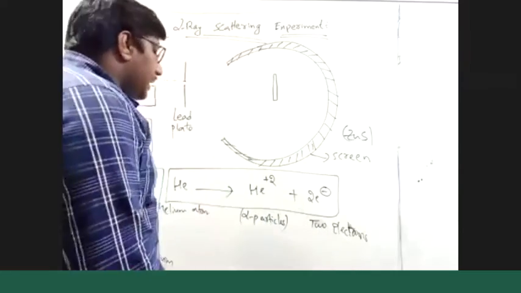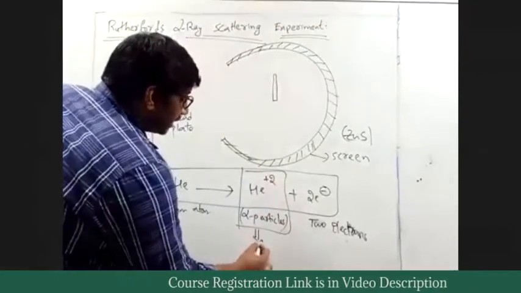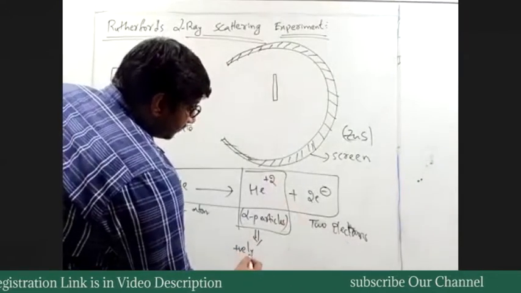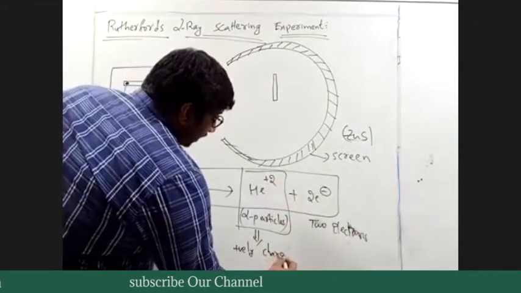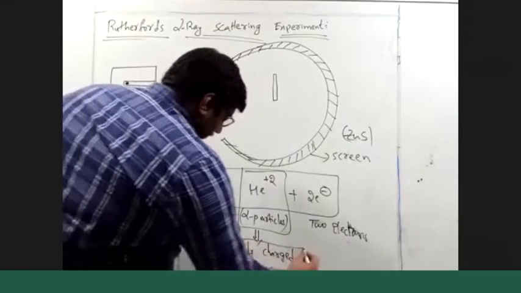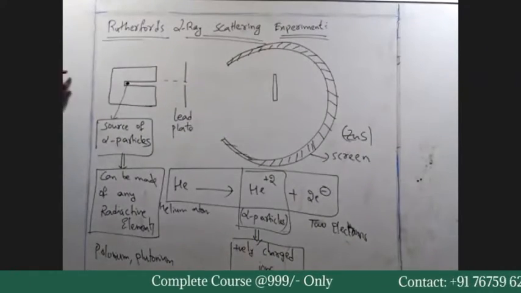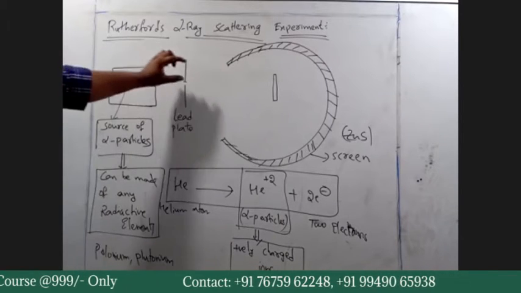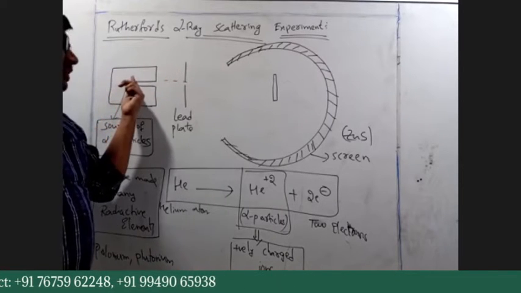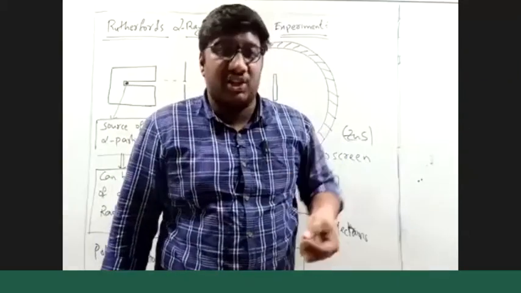These are alpha particles, He2+. So alpha particles are positively charged ions. Now we are treating alpha particles through a metal. Our source will generate alpha particles. Whatever the alpha particle generated, it has velocity.